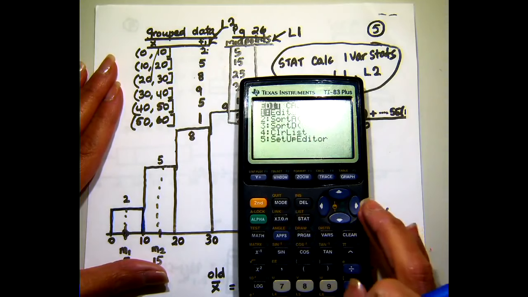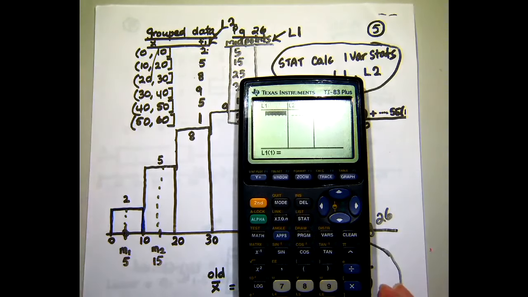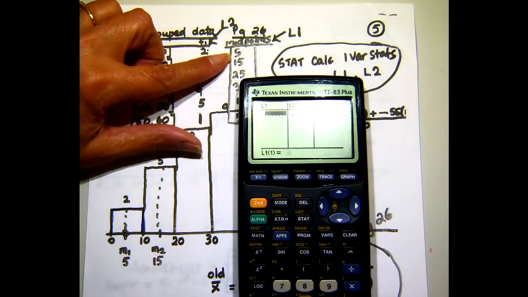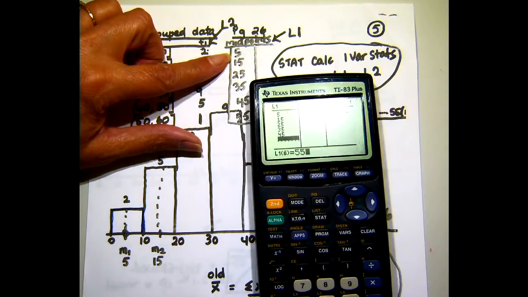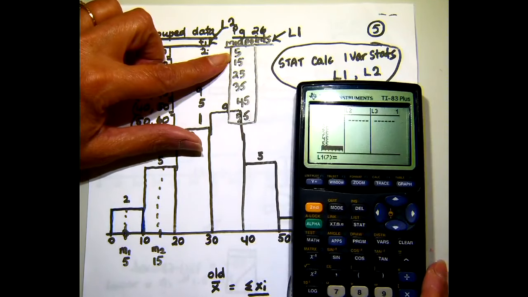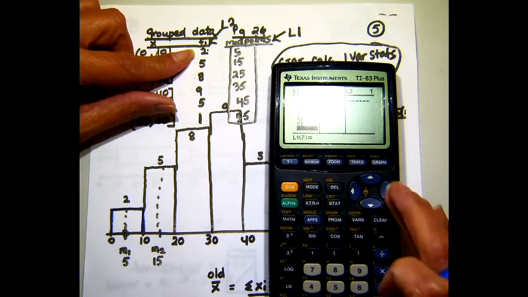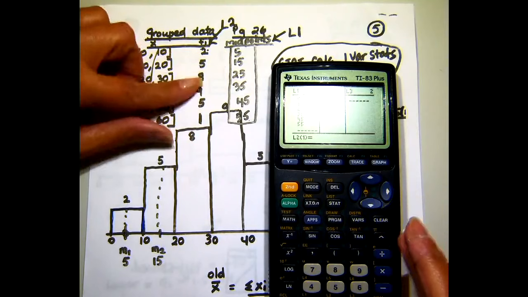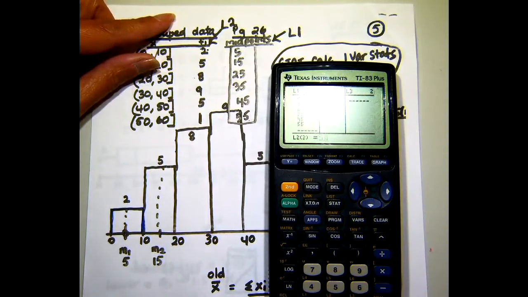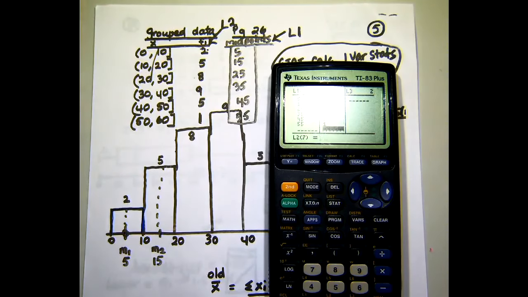Stat, edit, and then go put into L1 5, 15, 25, 35, 45, and 55. These are the midpoints. And then into L2, you put in the frequency. 2, 5, 8, 9, 5, and 1.